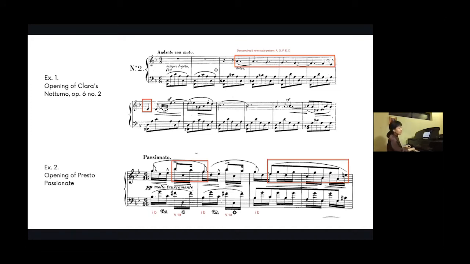You hear that La is at the 3rd degree. Or if you sing solfege, it will be a Mi. Here, in the opening of Presto Passionato, you have B flat. This is also the 3rd degree. It resembles it, although it's just 3 notes out of the 5 notes. And then wait until here. This is in C minor, also the 3rd degree. So here we see a musical allusion that's quite clear.